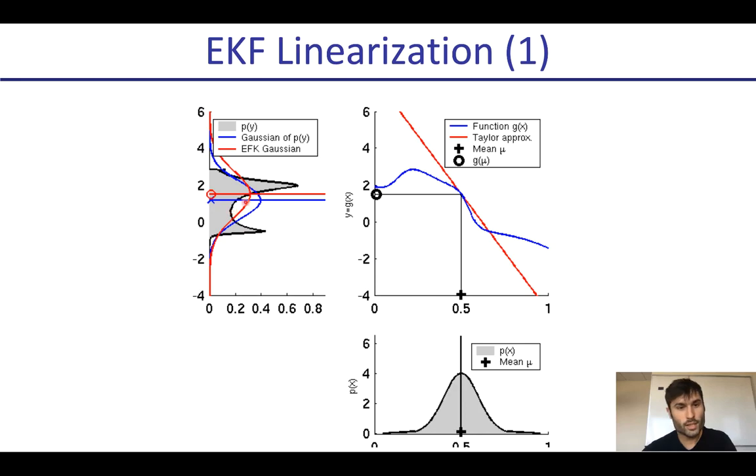The Gaussian that we obtain is not exactly the one that you would obtain by minimizing the KL divergence, but in some cases it's close enough.